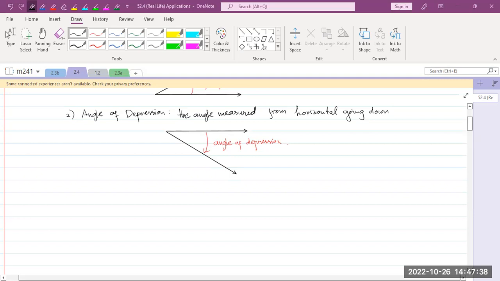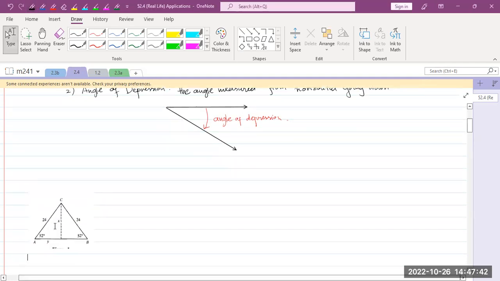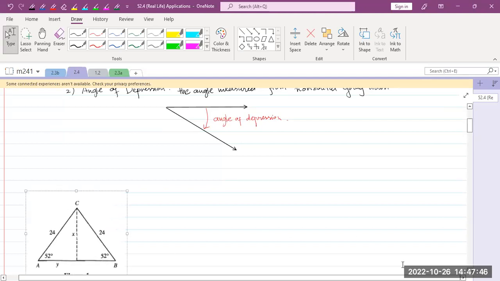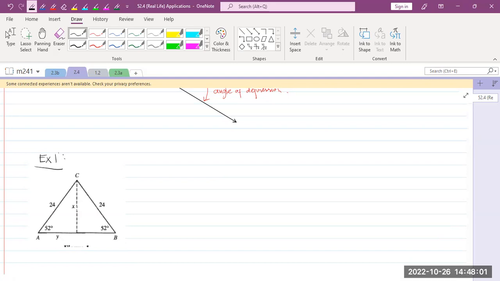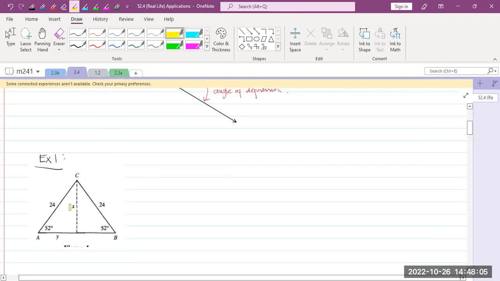Now, of course, when you see a graph, try to redraw it though. That way you can see more details. Don't just look at that. Try to redraw it. So this is our example 1. The one in question is to find the x and the y.